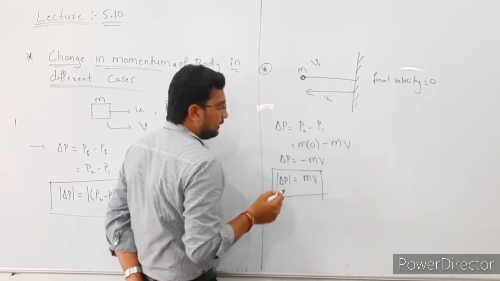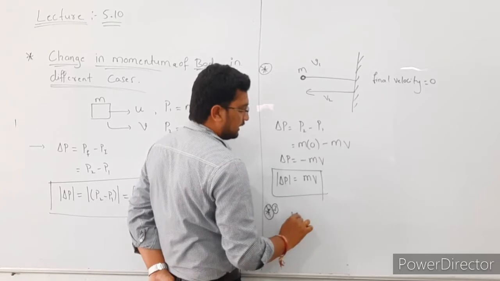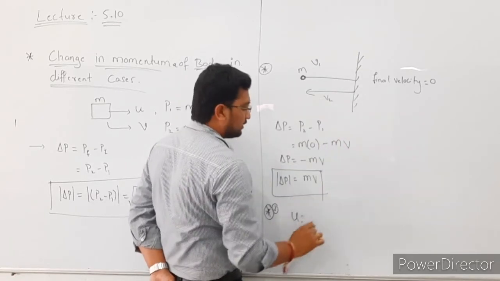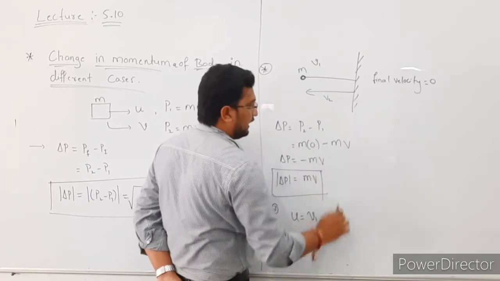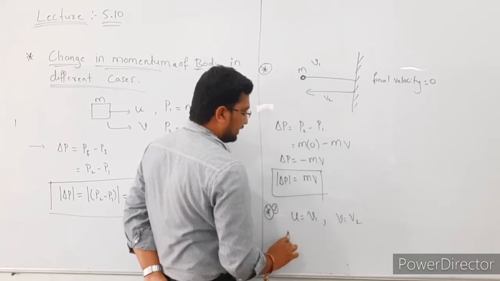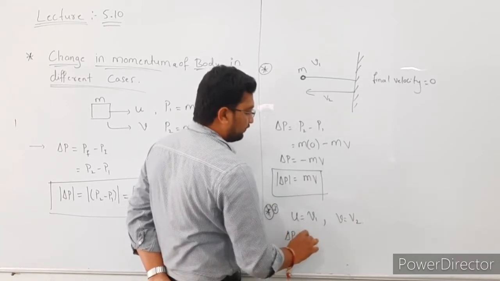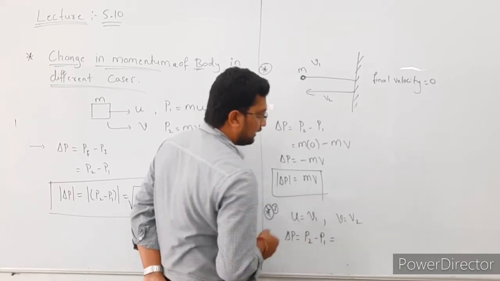So then find out the change in momentum here. In this case, the initial velocity u is equal to v1, and the final velocity v is equal to v2. So the change in momentum is equal to p2 minus p1.